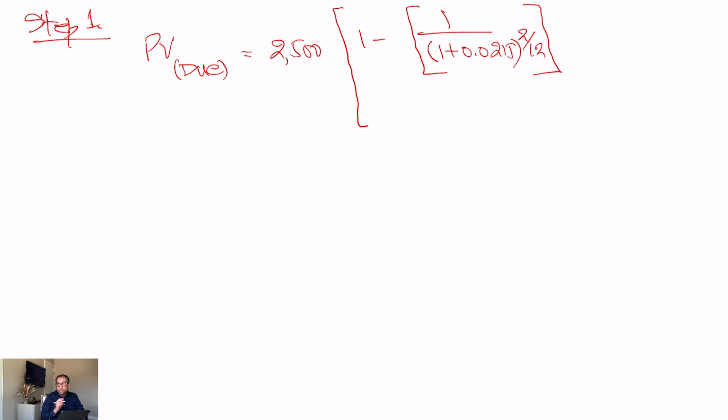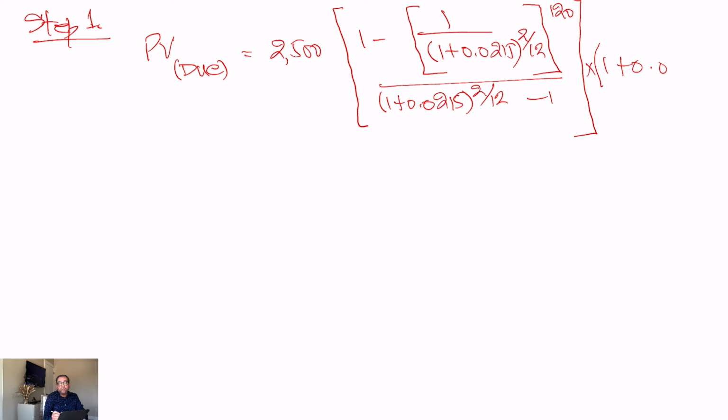Now n is 10 years, and how many payments do they have to make? They have to pay 12 per year, so 120. And then you have to divide it by 1 plus 0.0215 exponential 2 by 12 minus 1, and then you have to multiply this with 1 plus 0.0215 exponential 2 by 12, right?